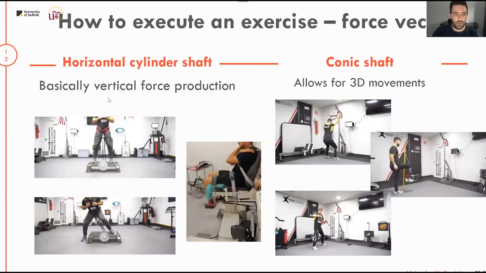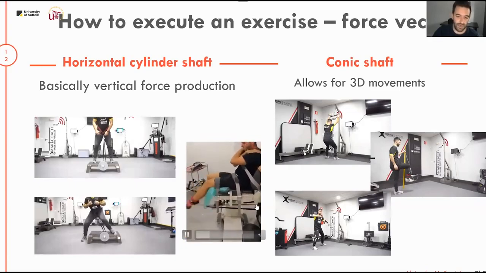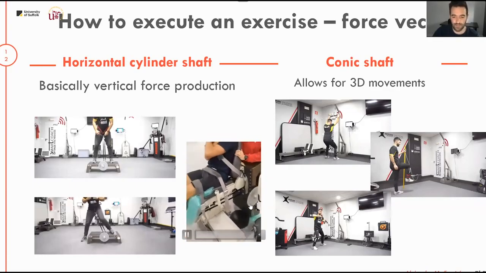Regarding force vectors, we can say that in a horizontal cylinder shaft, basically the force is vertically produced, like we show in these videos. But with a small imagination, you can put the platform horizontally, and you can do also horizontal movements, like this one.